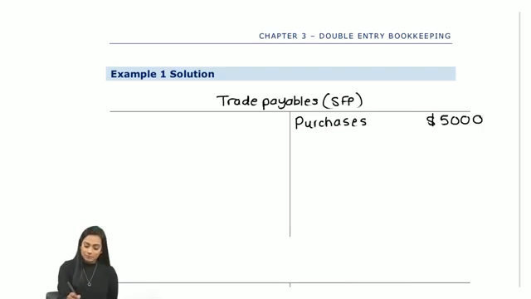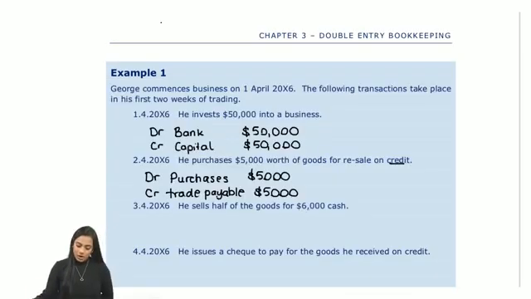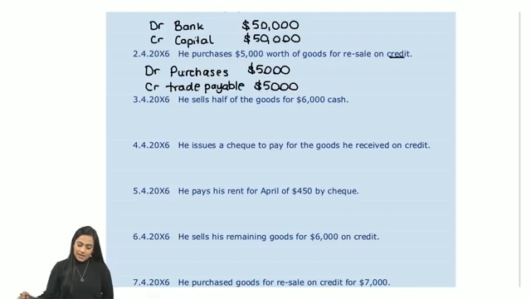Let's carry on. Let's go back. On the 3rd of April, he sells half of his goods for $6,000 cash. If you make a sale, that means you've increased your income. To increase income, you credit. But if you sell goods for cash, the cash will immediately go into your business's bank account, so your asset will go up.